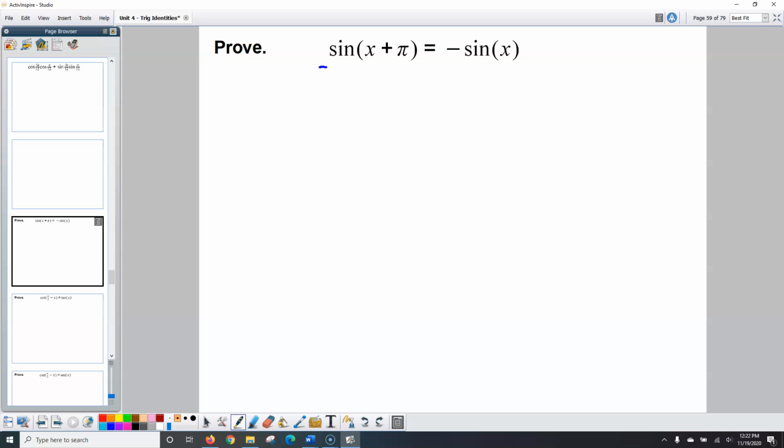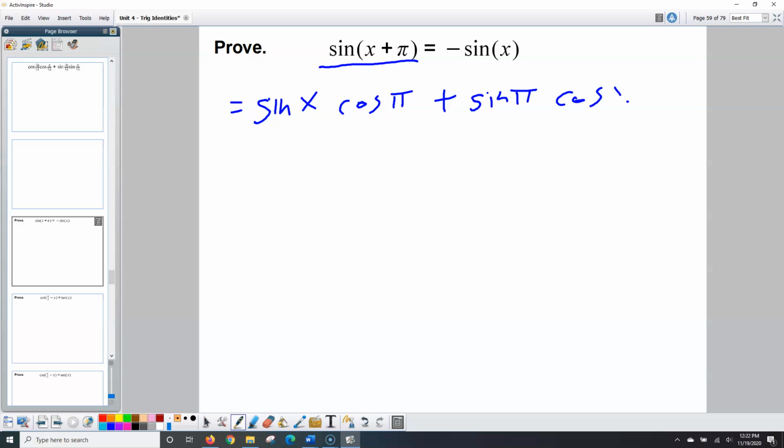So this stuff on the left side, it's an addition. It's a sine. So this would be sine, cosine, same sign, sine, cosine. This would be sine of x, cosine of pi, plus sine of pi, cosine of x.